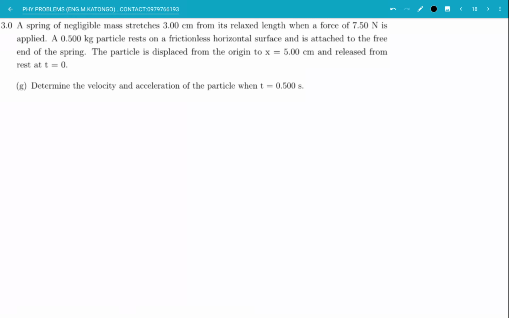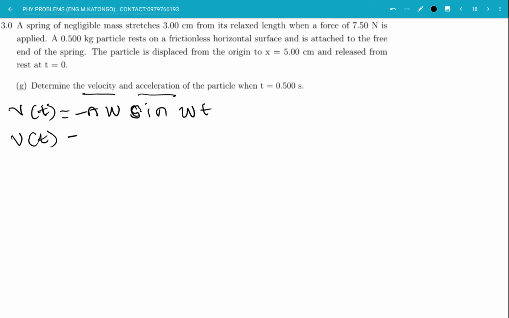In the other question, we have to determine the velocity and acceleration of the particle when t is equal to 0.5 seconds. Velocity as a function of time equation is given by negative A omega sine of omega t, where our negative A omega is the maximum velocity.